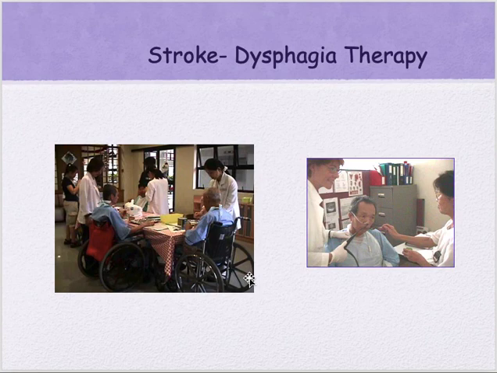For example, while eating, they can do head rotation. Head rotation closes the ipsilateral pharynx, so the food goes into the contralateral pharynx. Or head tilt can be done, or supraglottic swallow. So there are many maneuvers which can be done.